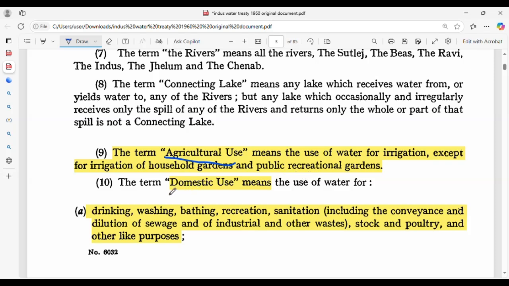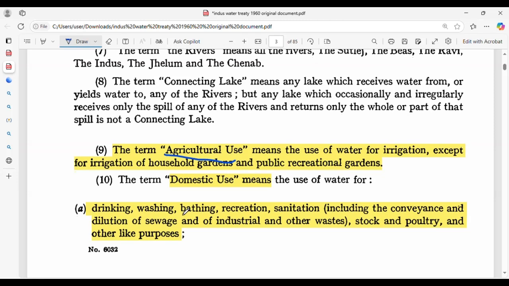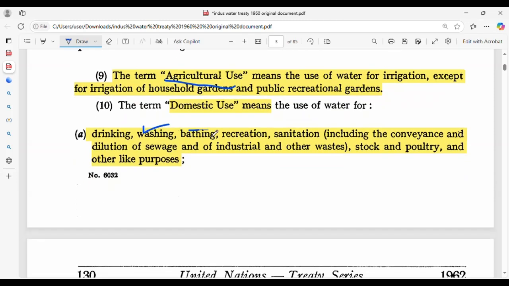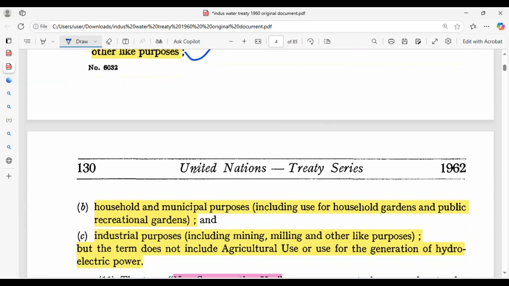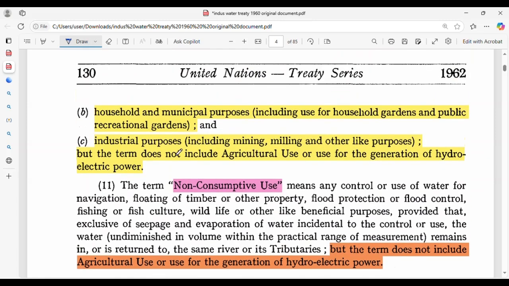The term domestic use means drinking water, washing, bathing, sanitation, including the conveyance and dilution of sewage and the industrial and other wastage, stock and poultry and other like purposes. The household and municipal purpose includes use of household gardens, public recreation gardens, and industrial purpose including mining, milling and other purposes and so on.